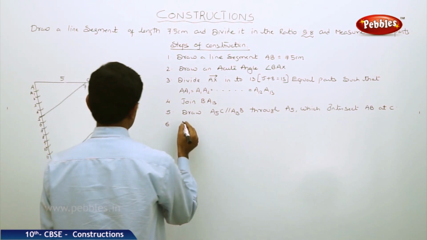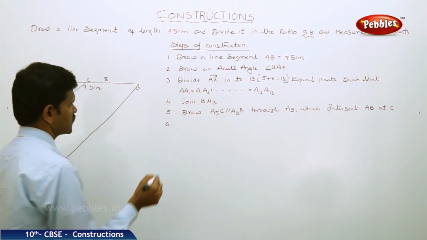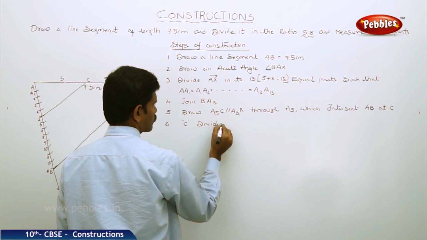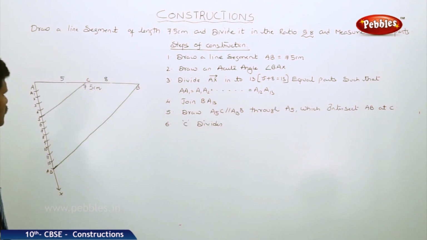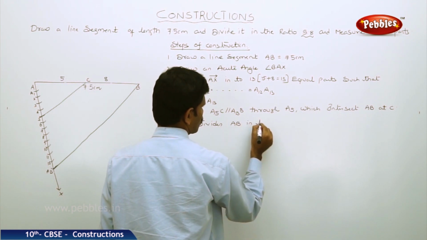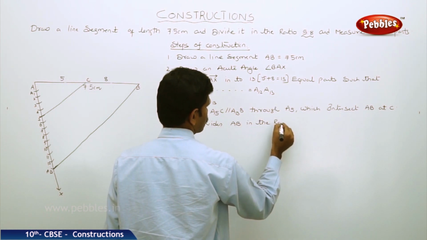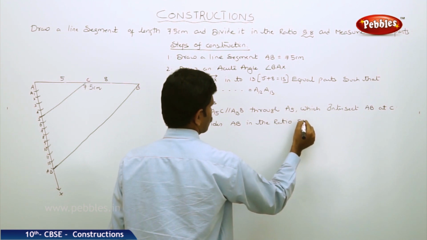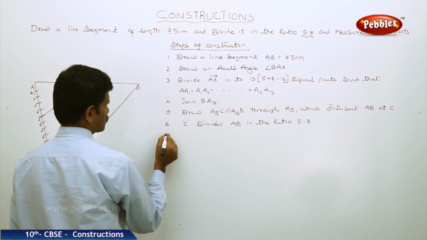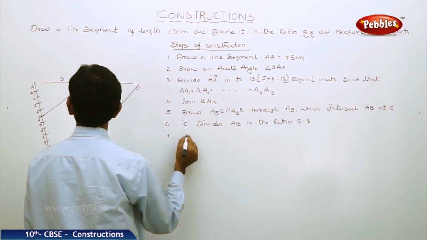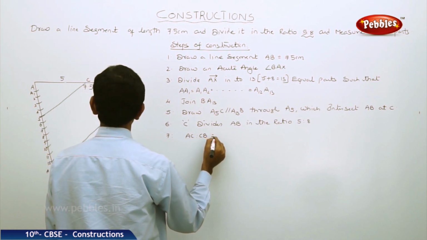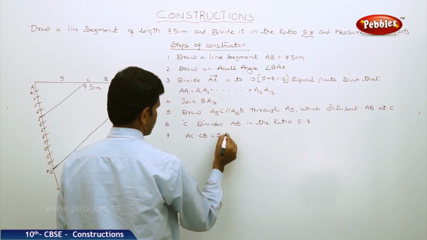Now C divides AB in the ratio 5:8. Therefore AC is to CB is equal to 5:8.